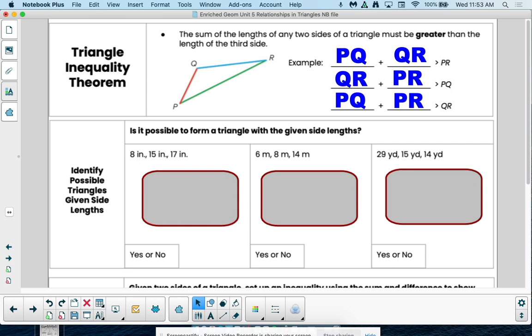I don't know what the inequality is. Inequality is just a less than or greater than symbol. But it can't be equal.